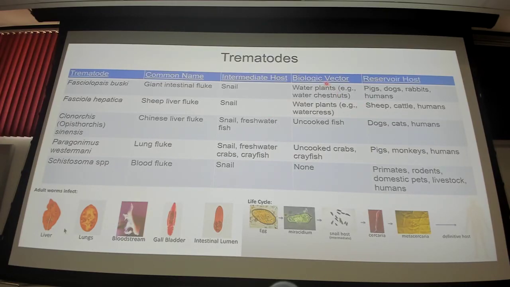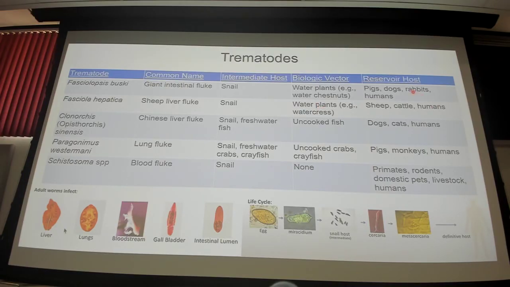Biological vectors are good for us to study, but when you think about the biological vector, this is what is important for us in terms of the source of these larvae. When we talk about the first couple, Fasciolopsis buski and Fasciola hepatica, these insist on aquatic plants. So that's the biological vector. It just means that this is how we're acquiring that larvae most of the time in these infections.